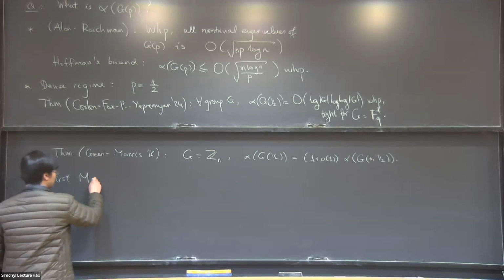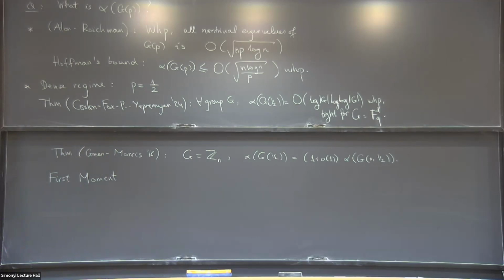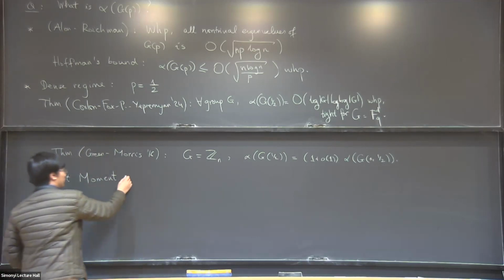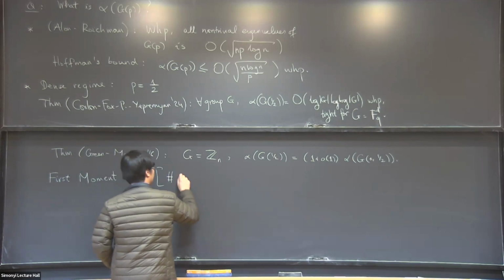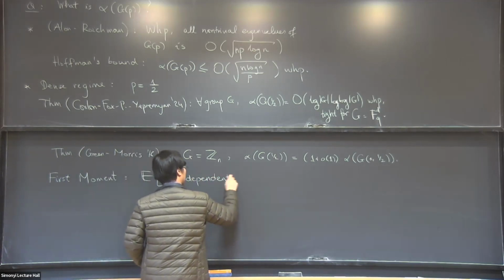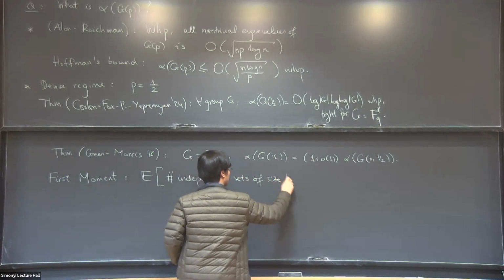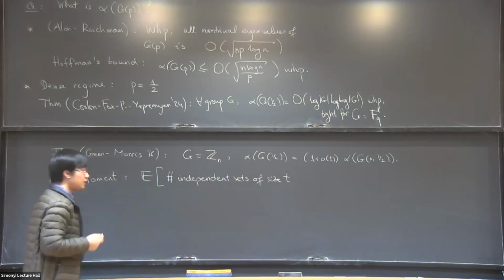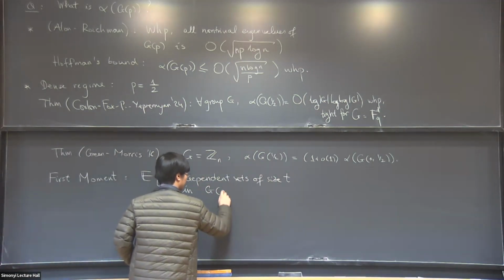Let's try to just repeat that same story, but now for our different ensemble of random Cayley graphs. So the first moment, which is the expected number of independent sets of size T, for some appropriate parameter T that we will choose later, inside the random Cayley graph Γ_P.